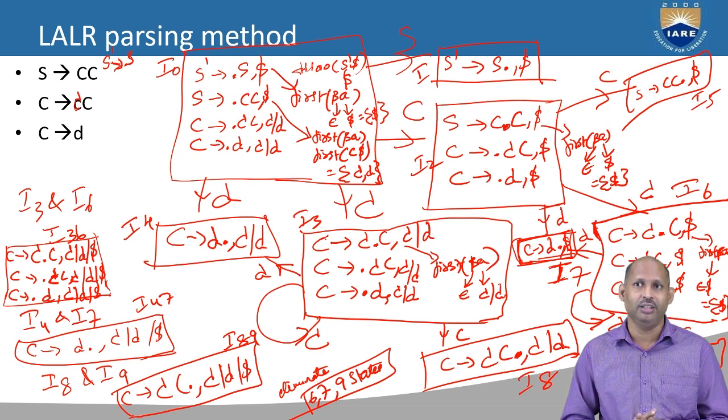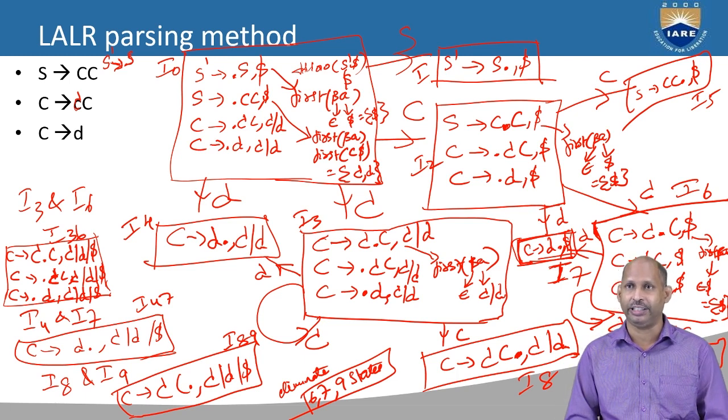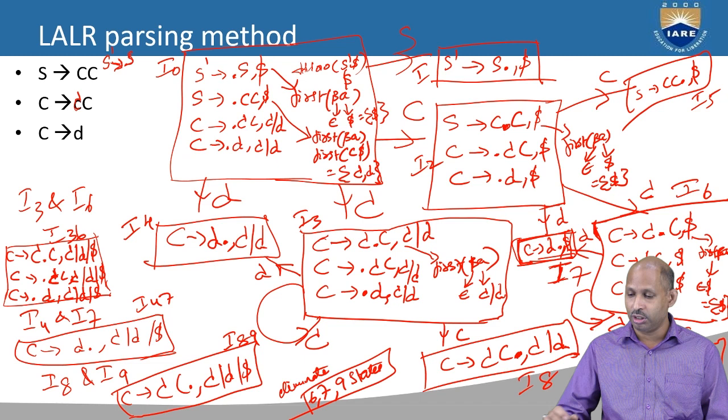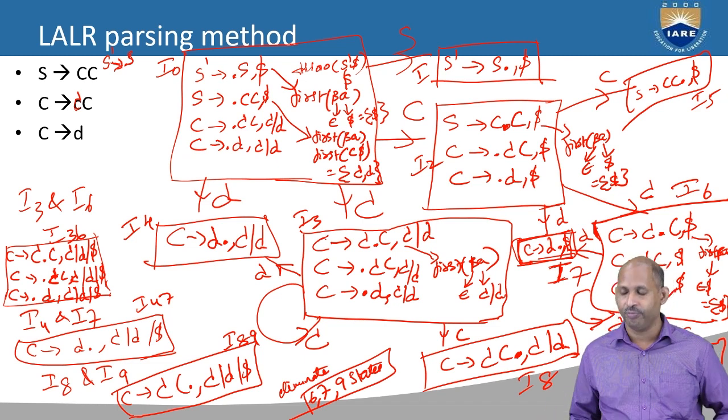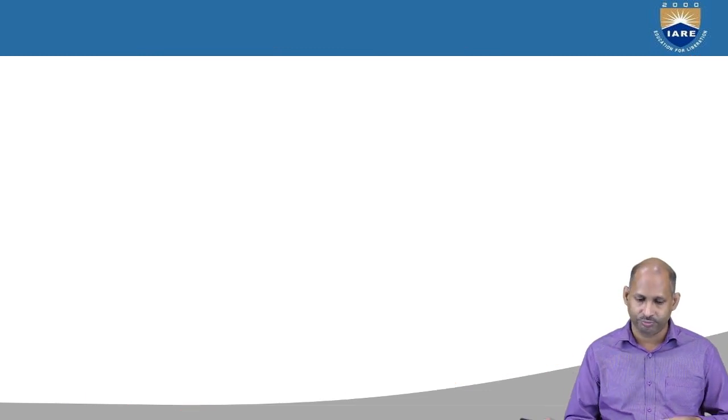But in LALR, it will be only 7 states. Three states, state 6, state 7, state 9, can be eliminated. Right? So from this one, we will construct our LALR parsing table.